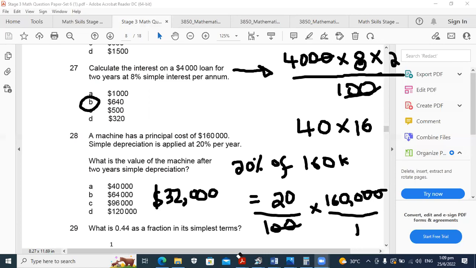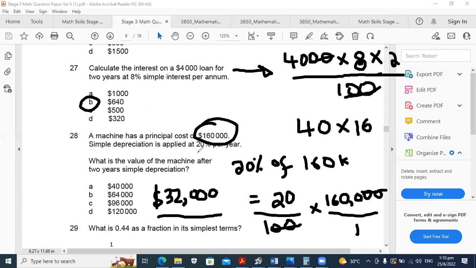So what we do is find 20% of the same 160 grand, which is 32,000. So at the end of year one, 32,000 will come off of the machine. And at the end of year two, they go back to the original principal and find 20% again of the 160,000.